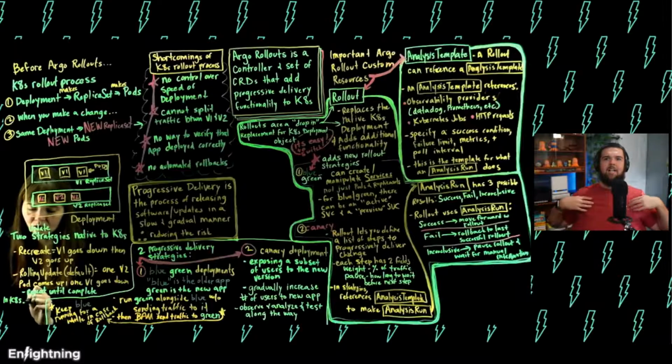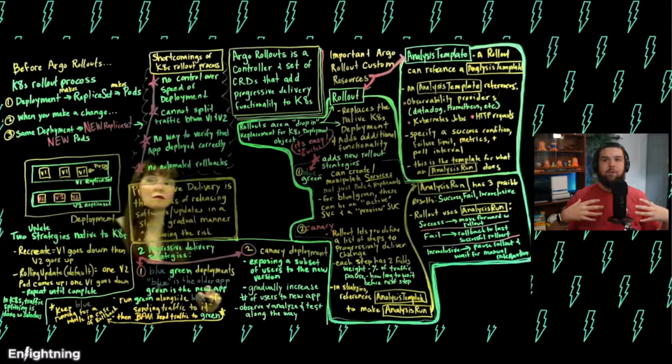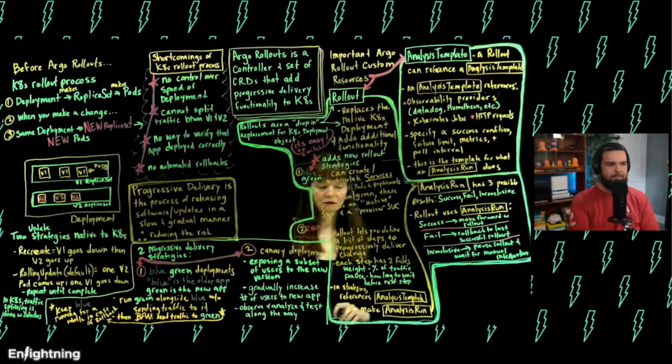So this is why Argo Rollouts introduces more sophisticated traffic management by relying on other service meshes, by relying on things like AWS ALB, Istio, Gateway API, Traefik, Nginx Ingress. It can use those to do more sophisticated traffic management during the rollout.